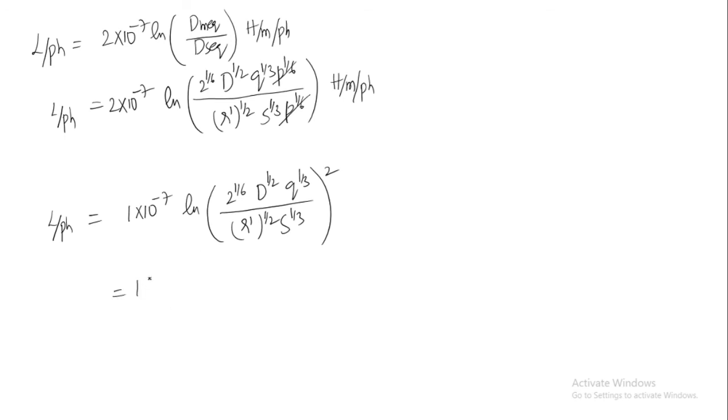So finally you will get 1 into 10 power minus 7 into ln of 2 power 1 by 6 times 2, so 2 by 6, you will get 2 power 1 by 3. 2 by 2, you will get 1. So d power 1 means d, and q power 2 by 3 directly divided with, so 2 by 2, you will get 1, so r dash into s power 2 by 3.